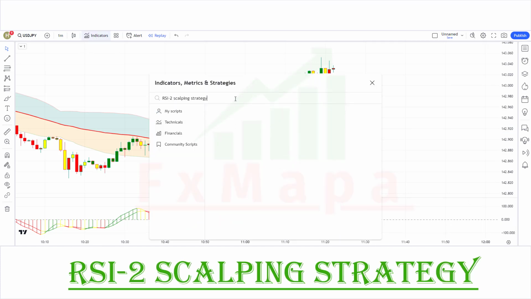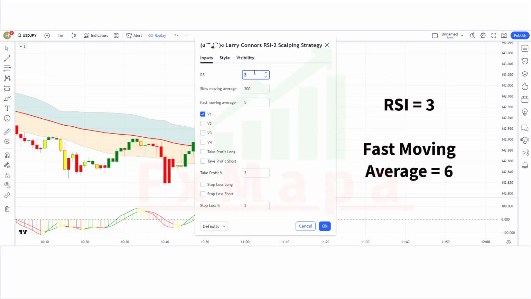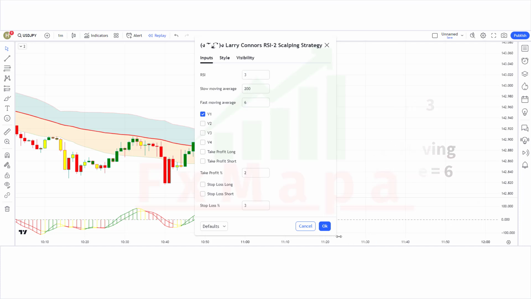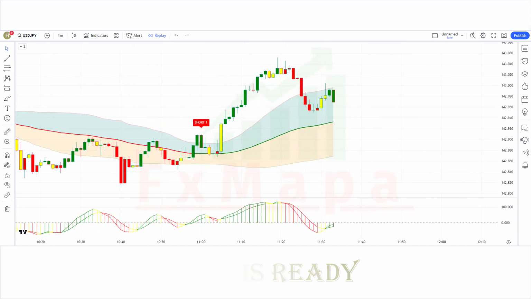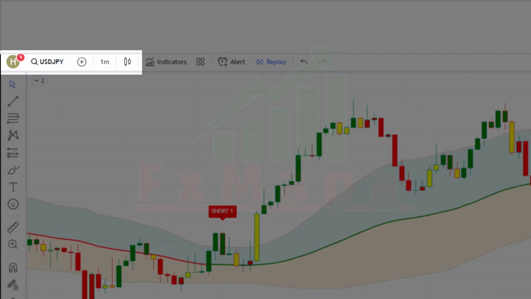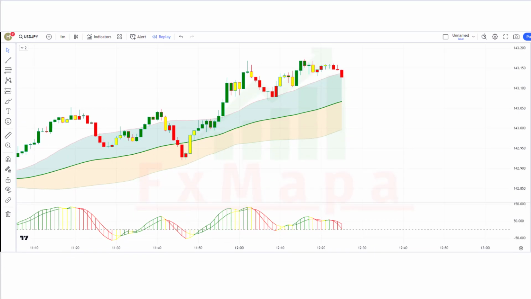Third indicator name is RSI2 Scalping Strategy. Keep the indicator settings as I have shown here. Setup is ready. We are going to test this strategy on the 1 minute time frame on the USD JPY chart.